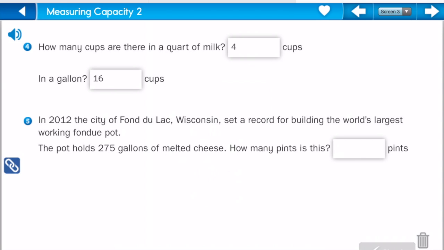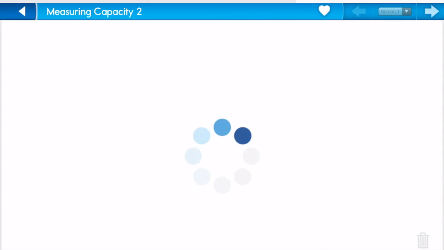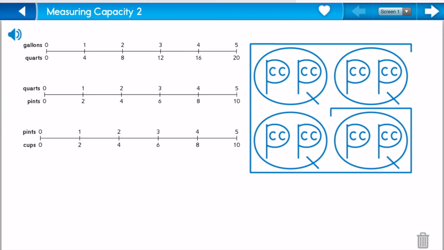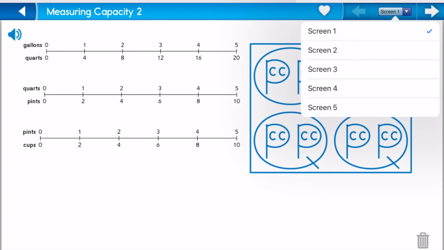All right, this one says, in 2012, the city of Fond du Lac, Wisconsin, set a record for building the world's largest working fondue pot. The pot holds 275 gallons of melted cheese. How many pints is that? So how many pints are in a gallon? Let's look. How many pints are in a gallon? There's 1, 2, 3, 4, 5, 6, 7, 8. So there's 8 pints in a gallon.